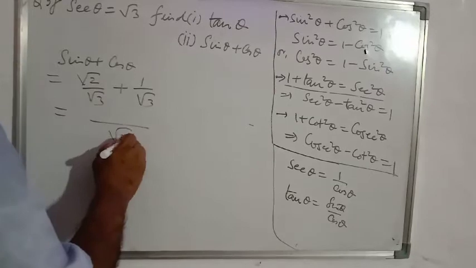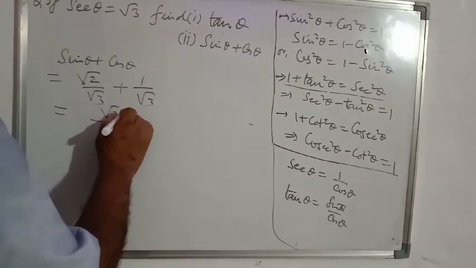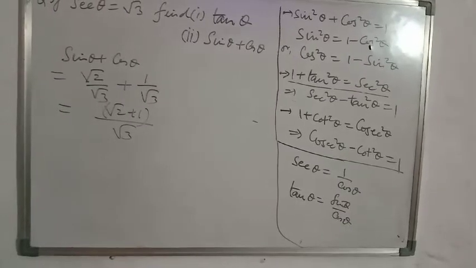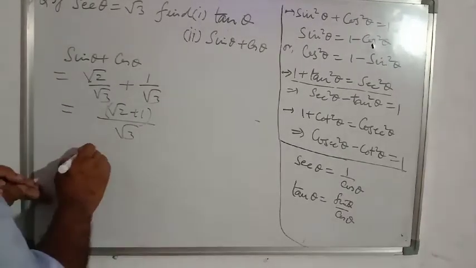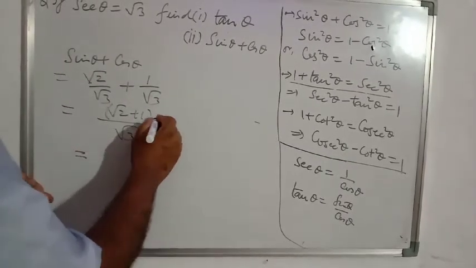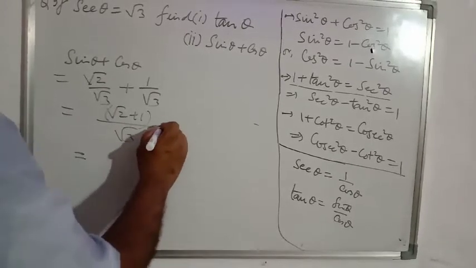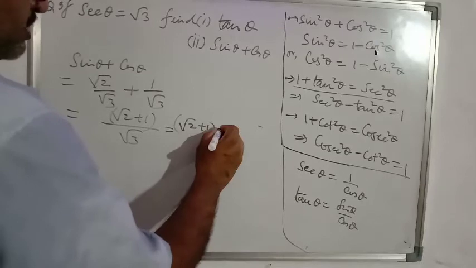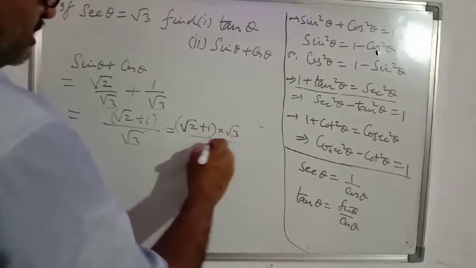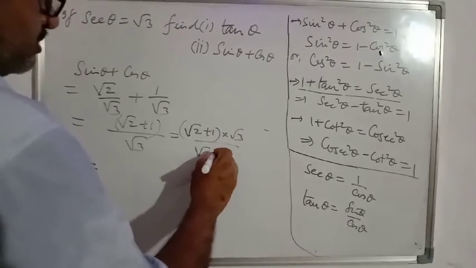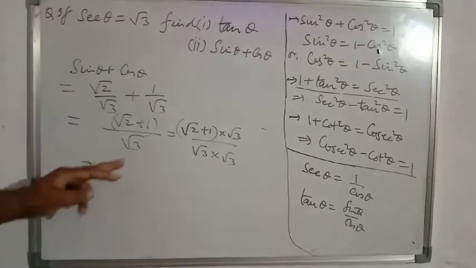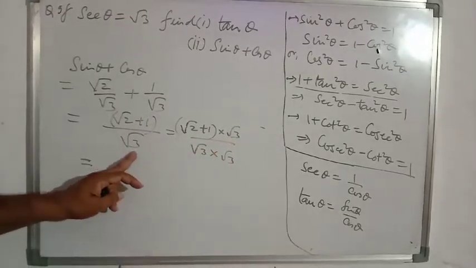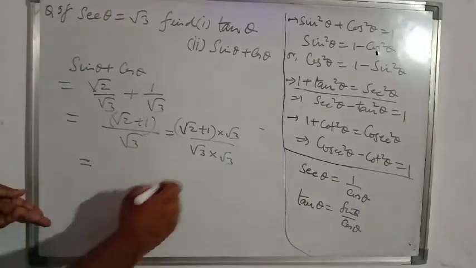Taking LCM root 3, it will be root 2 plus 1 upon root 3. If we multiply numerator and denominator by root 3, what will we get? Root 2 plus 1 into root 3 upon root 3 into root 3. So multiplying numerator and denominator both by root 3 to rationalize the denominator.